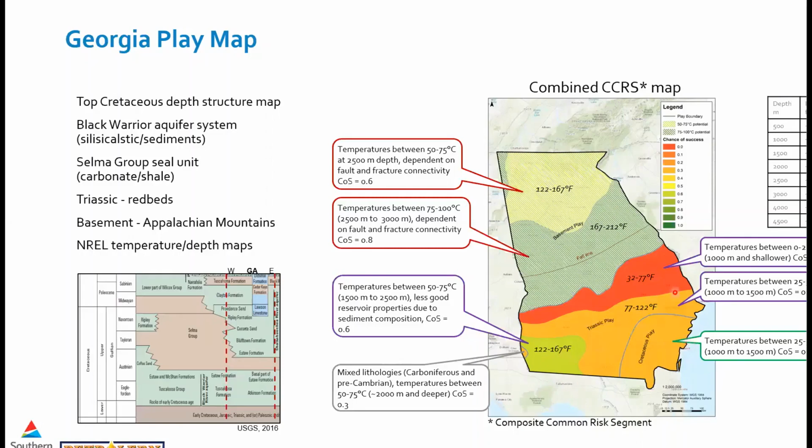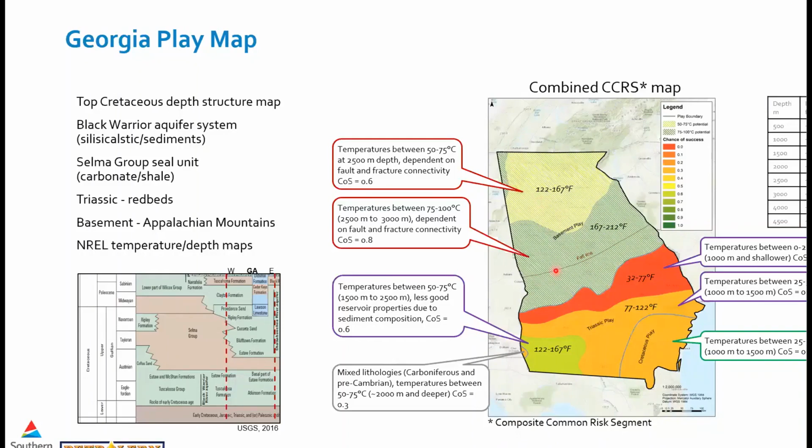What you can also see is that quite a large portion of Georgia has the basement play. And as for Alabama, you have an area that is light green shaded with a cost of 0.6 and a dark line shaded area with a cost of 0.8.